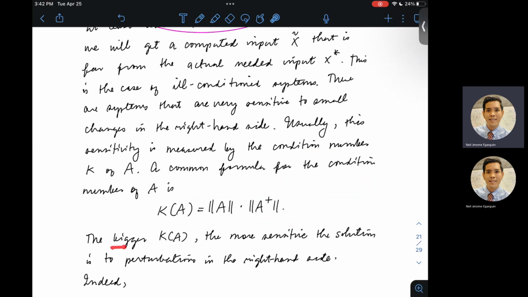The bigger the condition number is, the more sensitive the solution is to perturbations to the right-hand side. So whenever you have a big condition number, you need to be very wary because the measurement errors will be amplified by some factor of the condition number. Do not trust the results whenever the condition number of your matrix is quite high.